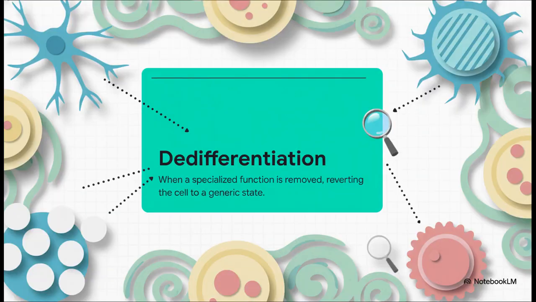blood cell. But the biological world is wild, and this isn't always a one-way street. We also have de-differentiation. This happens when a specialized function is actually removed from a differentiated cell. It's this amazing biological phenomenon where cells can basically quit their jobs and revert right back to a generic, unspecialized state.